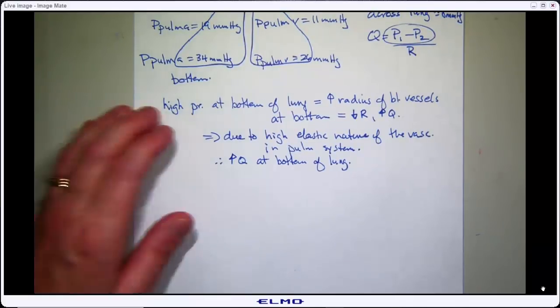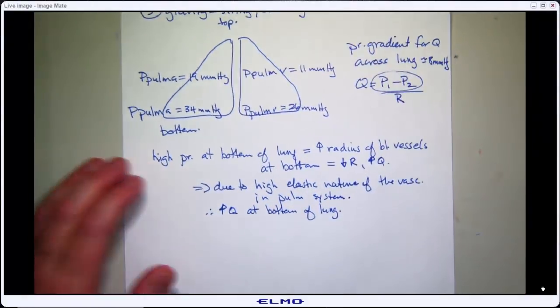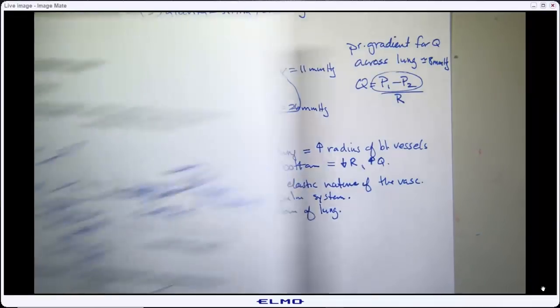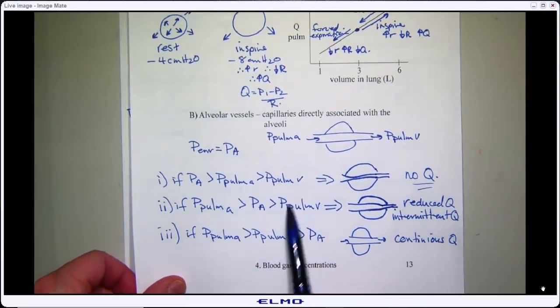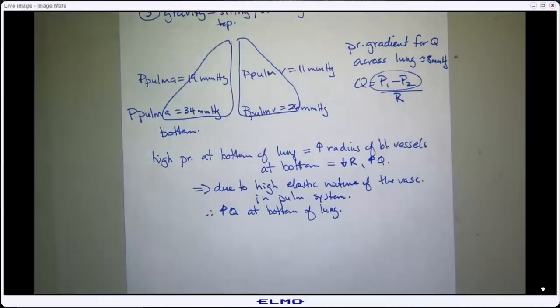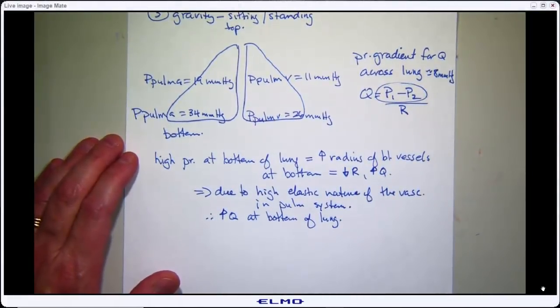But then we also do now suddenly have a range in pressures across the lung, okay? And we did just talk about how changing pressures in relationship to alveolar pressure is going to mess with flow as well. Okay, so we have set up an uneven distribution of pressures.